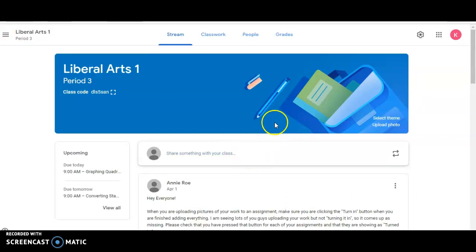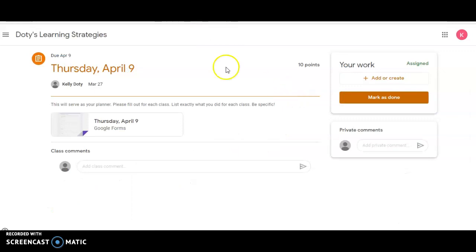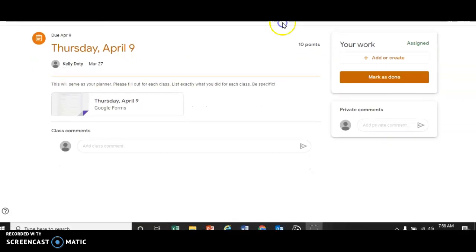Oh, I'm now a teacher in here. Alright guys, so after you open up the assignment for math, you're going to look up in this top corner. Yours is going to say turn in. Make sure you're clicking turn in. So even if you send a picture of your work, you still have to click the turn in button.